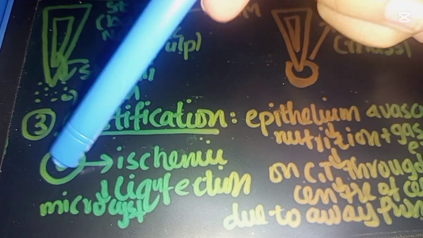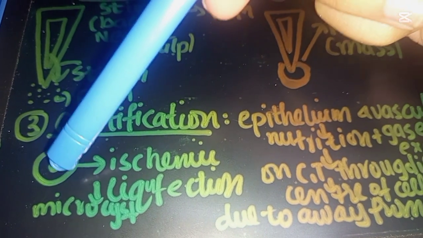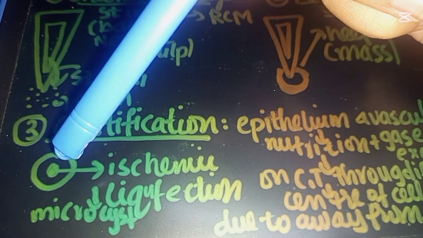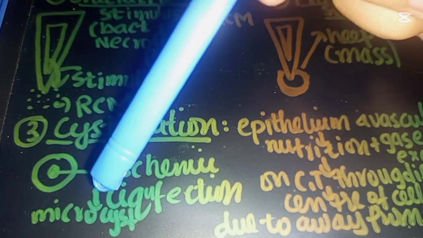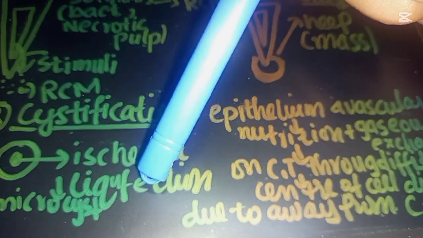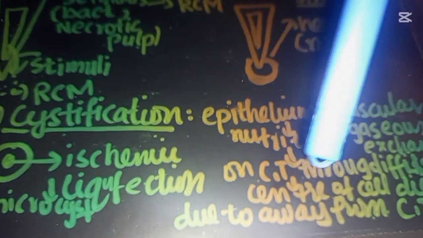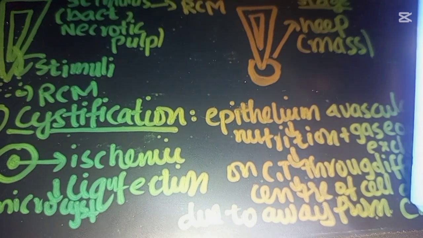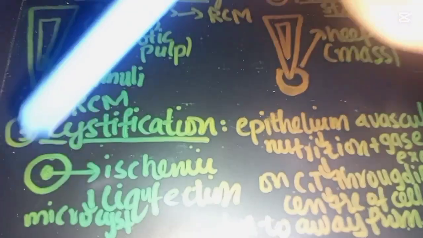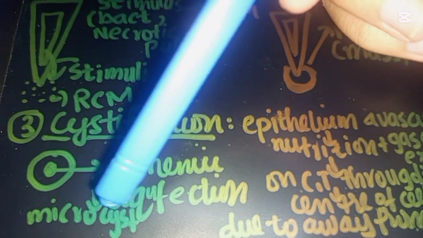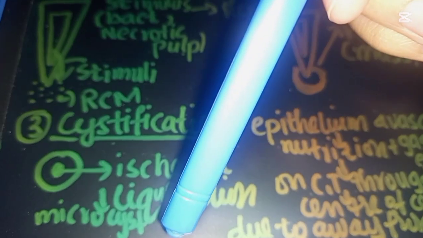But unfortunately, the center cells of this heap mass are away from the connective tissue, so there will be an ischemic liquefaction. It means the center cells will die because they are far away from the connective tissue. So in the center there is ischemic liquefaction and a formation of the microcyst.